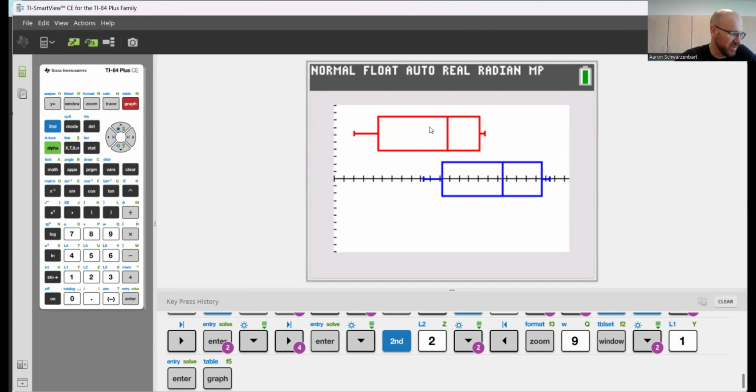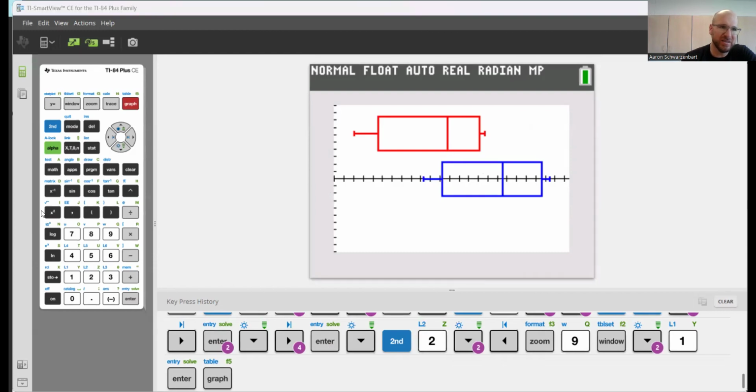This is plotting it. Here's my box. This center line here is my median. That's median there. Q3 here. Max is the end of the whisker. Q1 and min.